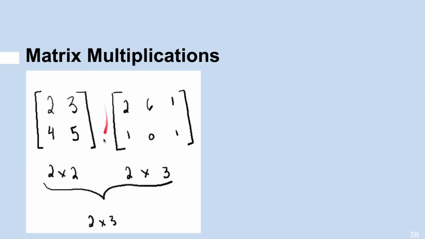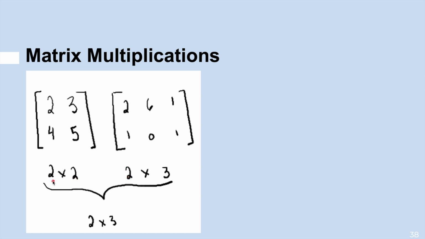The dimension of this matrix is a 2 by 2, and this matrix is a 2 by 3. If it is capable of being multiplied, the two inner numbers have to be the same.